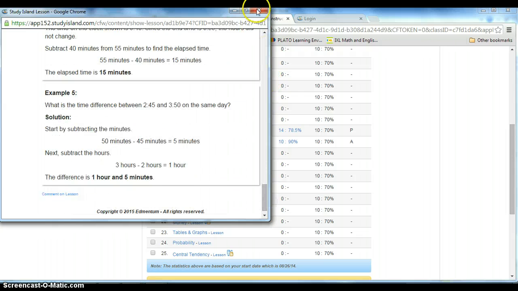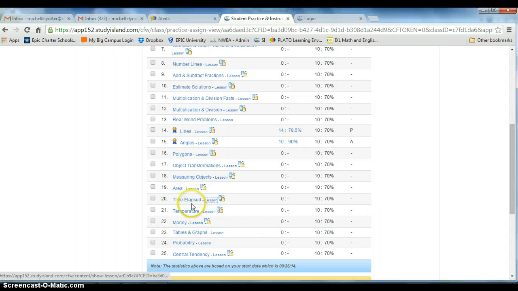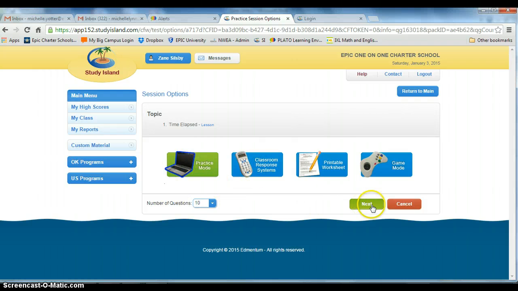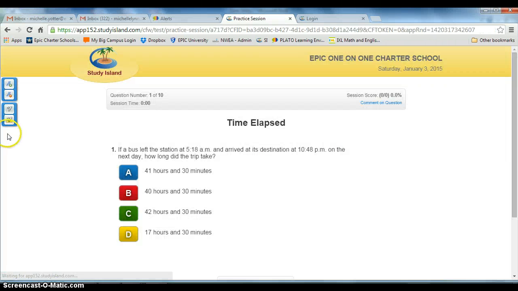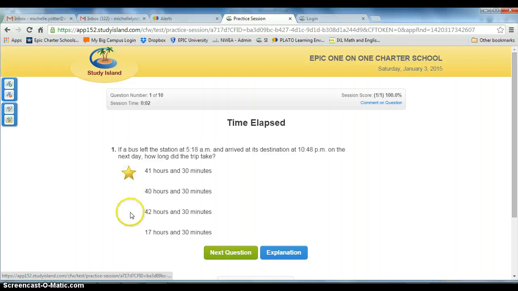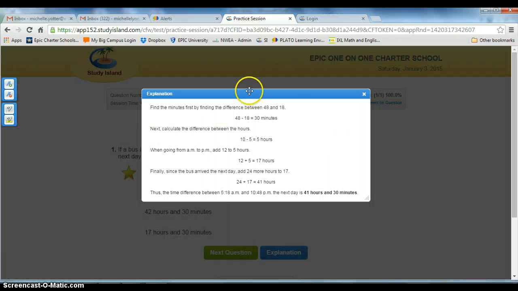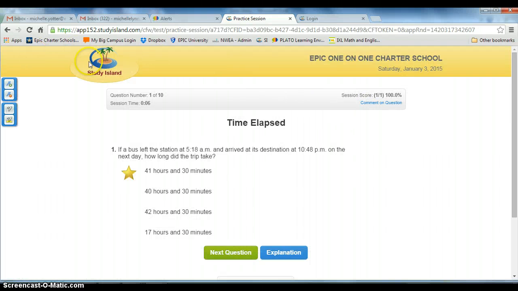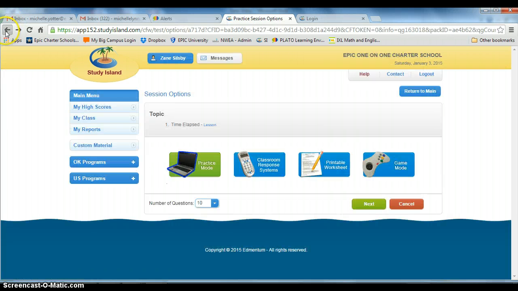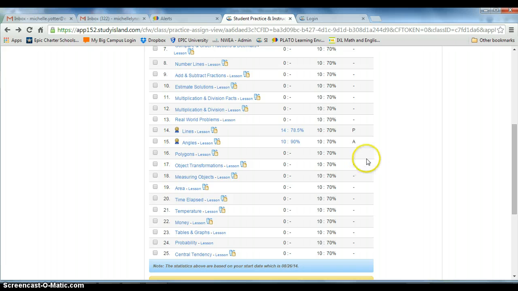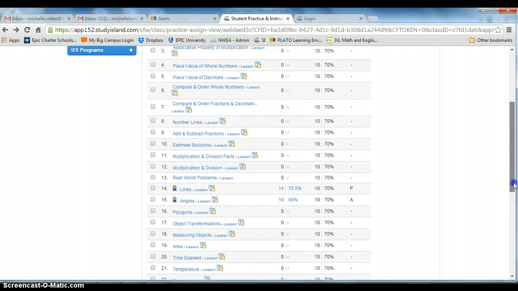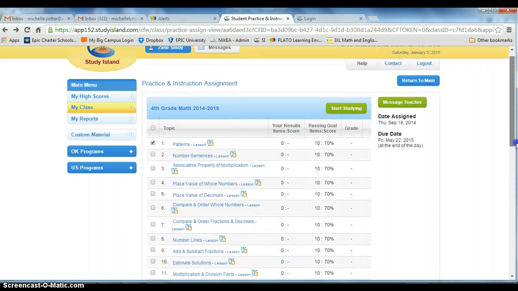Then he can do some practice questions. These are flashcards too, so you can use those as well. It'll tell him, yes, you got it right, and it'll explain it. You are welcome to do that before every single quiz if you want him to have extra practice, and that goes for reading and for math.